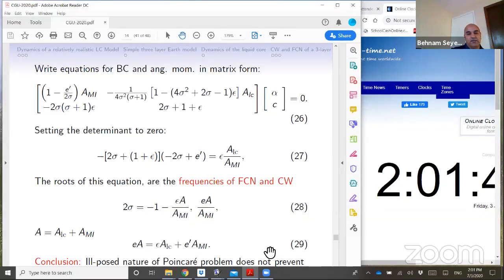So what it says here is that the ill-posedness of the problem does not affect the presence of, especially, Chandler wobble. Now we can argue that, okay, free core nutation is a toroidal mode and therefore it should be there, but you can see that the Chandler wobble is there as well.